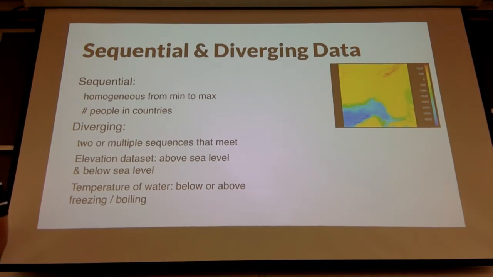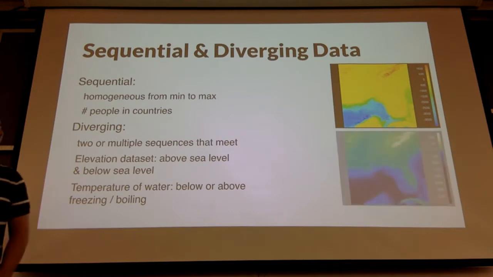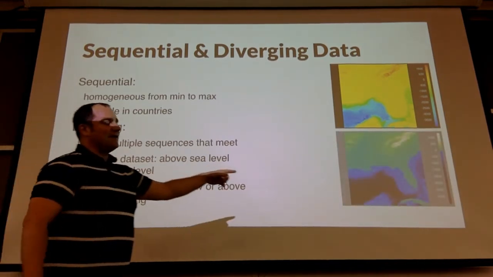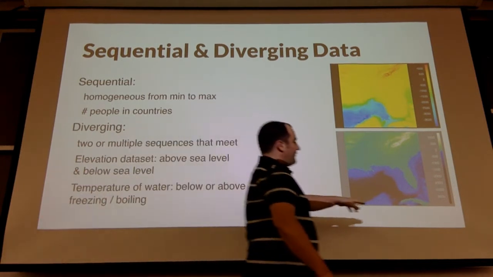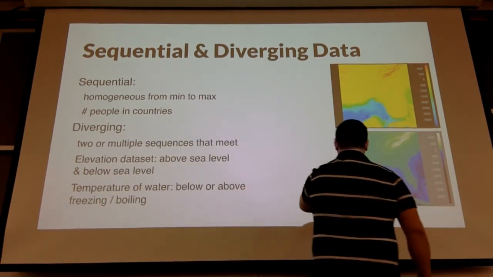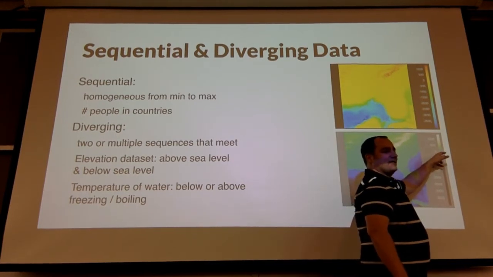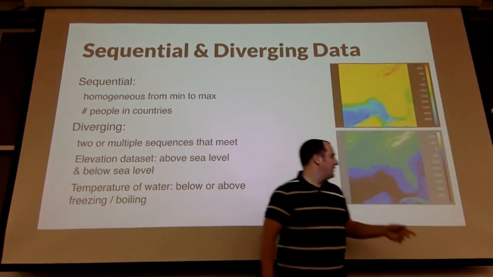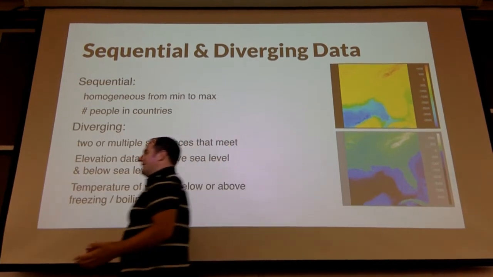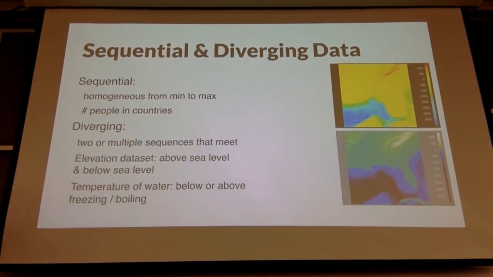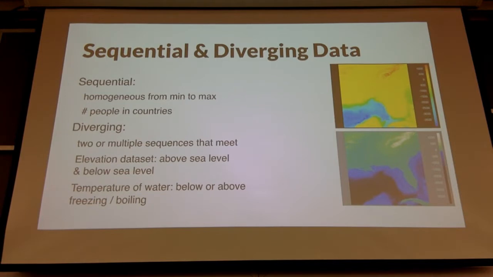Yeah, so I can show you another picture where I picked a meaningful zero. And so here zero is sea level, and here we have a diverging color scale where we start with a different color above zero and below zero. That's the idea behind that, and you might have other data sets that are like that.